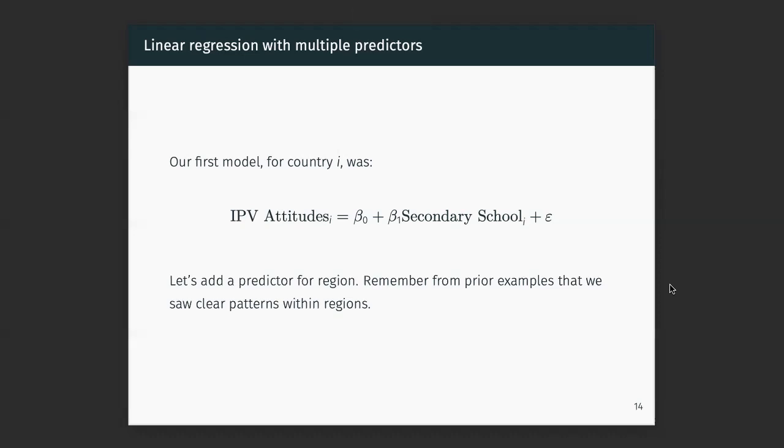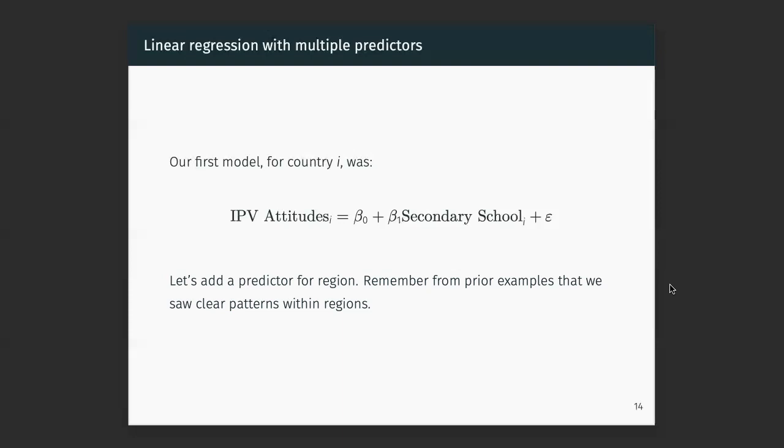Okay, so let's add a predictor for region. What we're going to do here is try and think about clustering across places. So when we looked at the data originally, and then theoretically we could think about it too, we could think that different parts of the world are likely to have different underlying attitudes about intimate partner violence as a function of history and culture in that place, right?